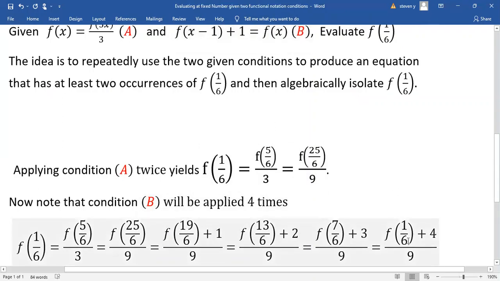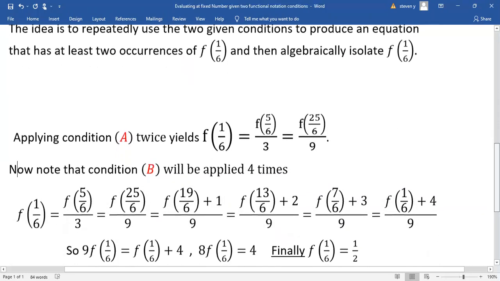You see, it's cool. It works all the way back down to f at 1/6. And so what happened is we got f at 1/6 on the extreme left-hand side, and we have f at 1/6 on the right-hand side of this long string of equalities, right? And so you can see at this point, f at 1/6 can be isolated and solved for.